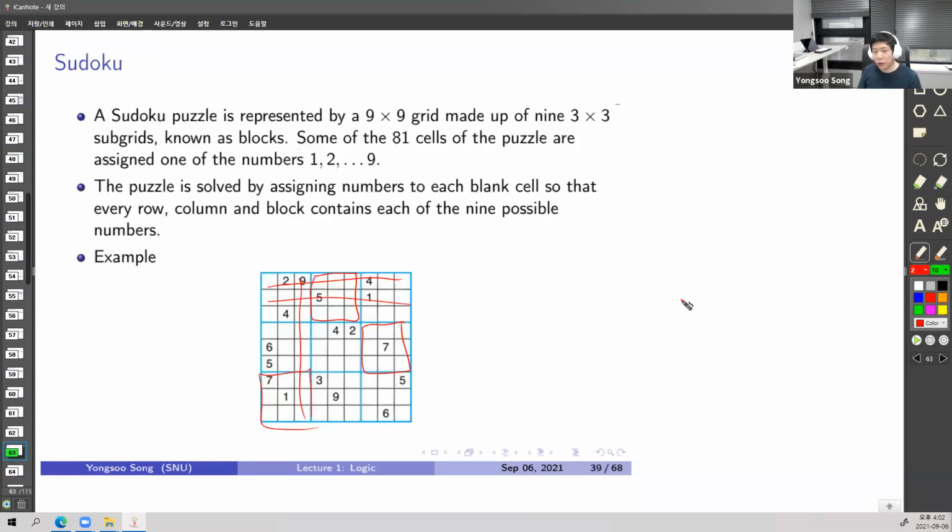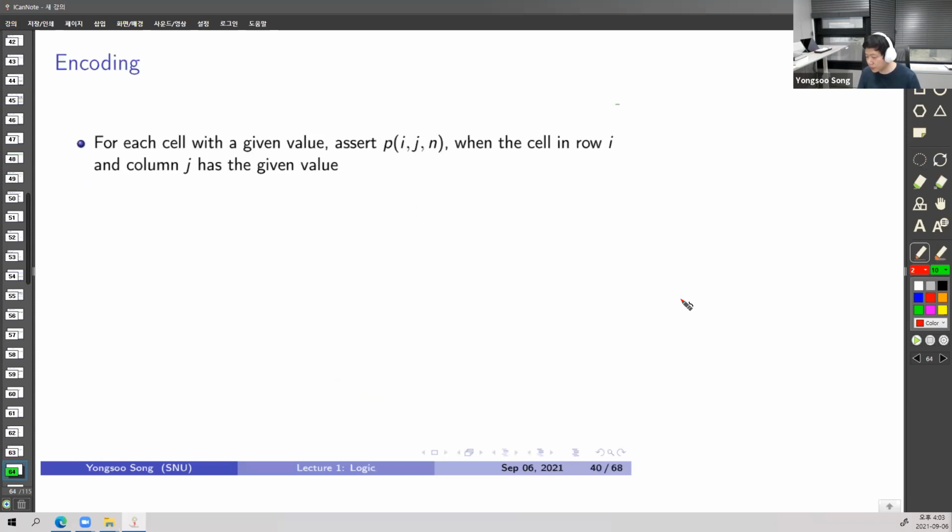So in fact, we can encode this Sudoku puzzle into a SAT problem. Let's say we define this proposition P indexed by I, J, and N, where I, J, and N range from 1 to 9.